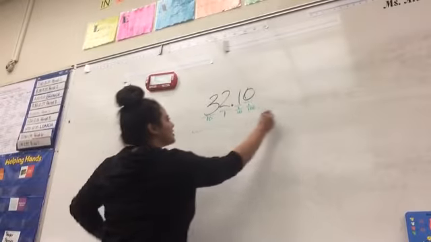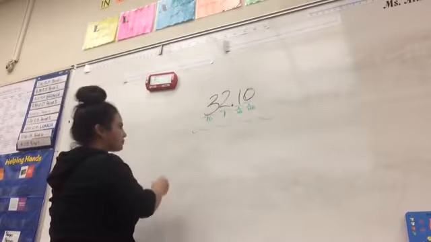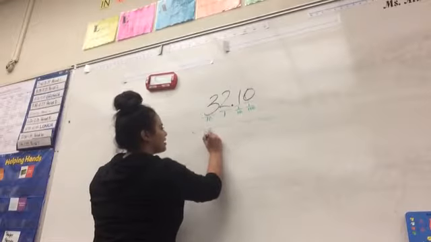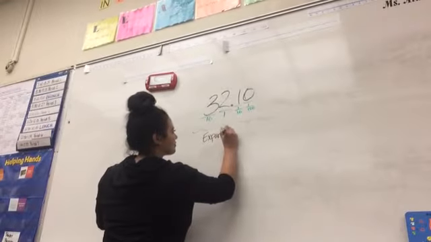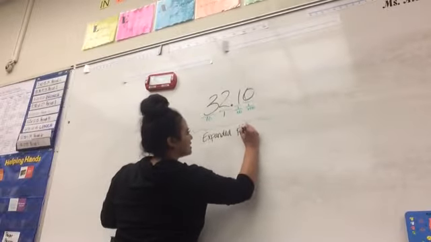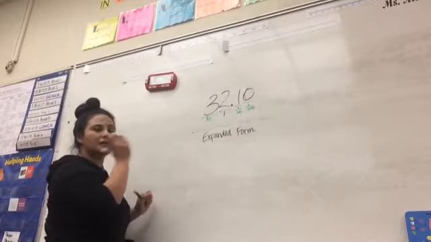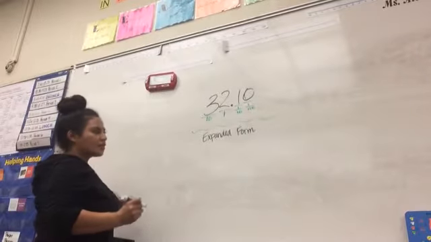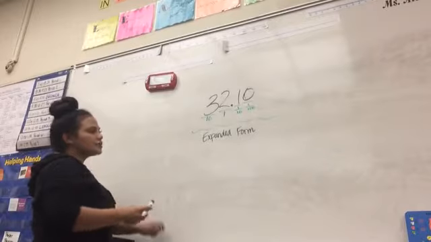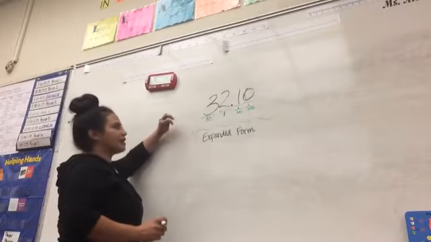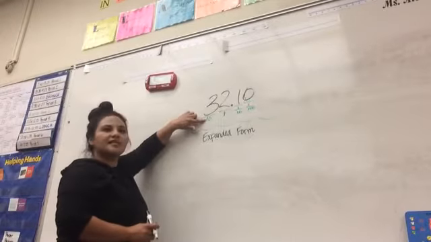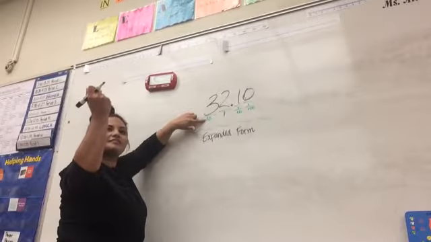Now let's talk about our expanded form, okay? So what are we talking about right now, Christopher? Expanded form. When we do this, we're just adding it all together, okay? We're breaking it down. See how this is my tens spot? I need you paying attention over here, please.